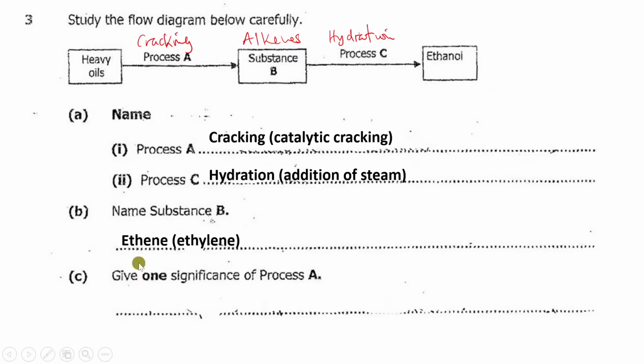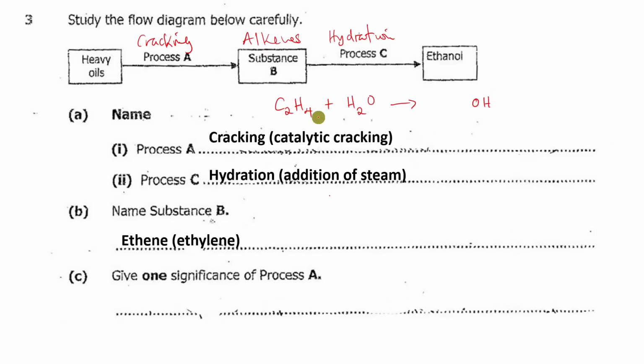Now, how does it go? You have ethene, which is C2H4. Then you react it with steam, hydration with water. So what will happen? It will form an alcohol. An alcohol has OH at the end. So you have picked one H and O here, and you remain with one H here.